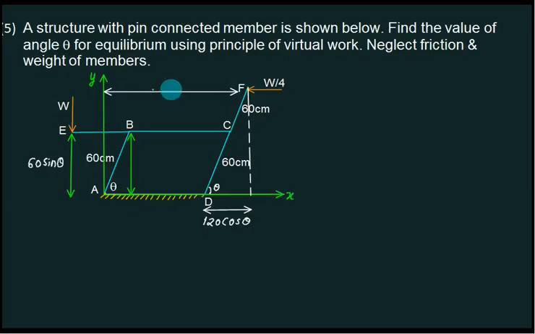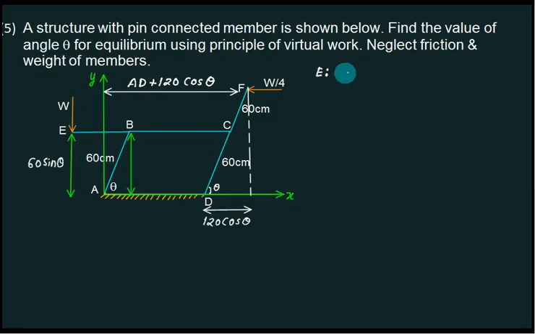This distance from here to here is basically the fixed distance AD plus 120 cos theta. Out of that, AD is fixed, and only cos theta will vary. So how many forces? Two forces. So let's say point E.